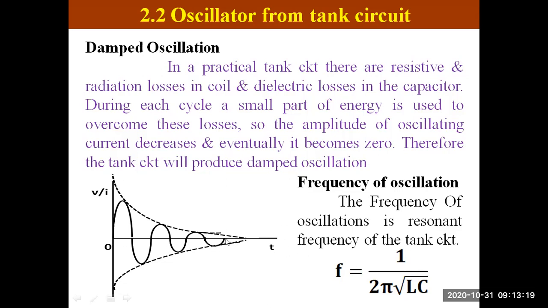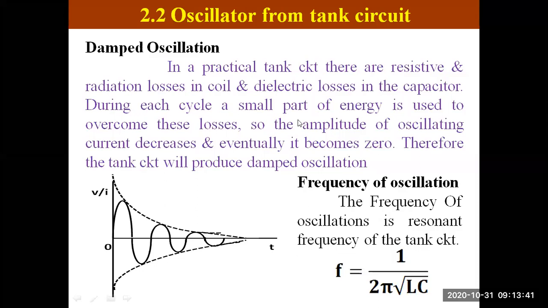Why does this amplitude decrease? Why does the tank circuit produce a damped oscillation? Because the inductor has radiation losses and resistive losses, and the capacitor has dielectric losses. In a practical tank circuit, there are resistive and radiation losses in the coil. Coil means inductor. There are dielectric losses in the capacitor.